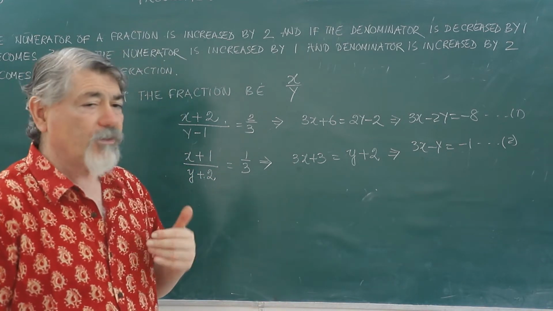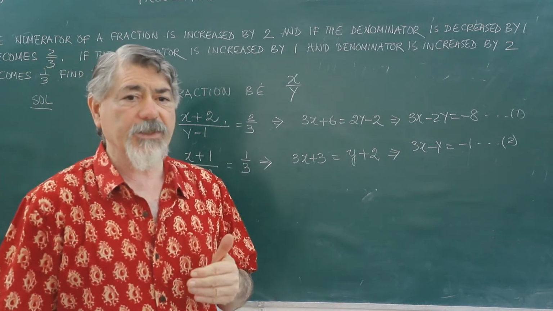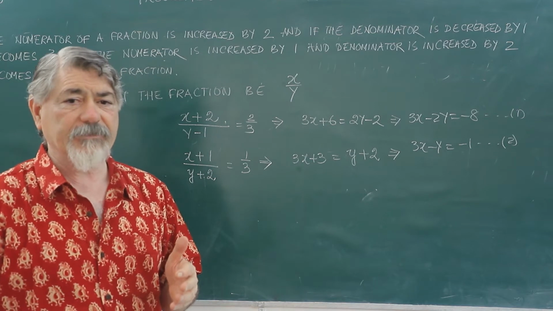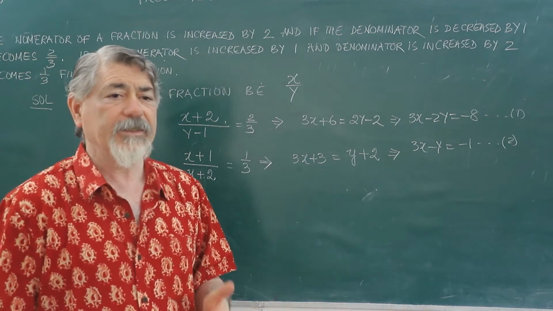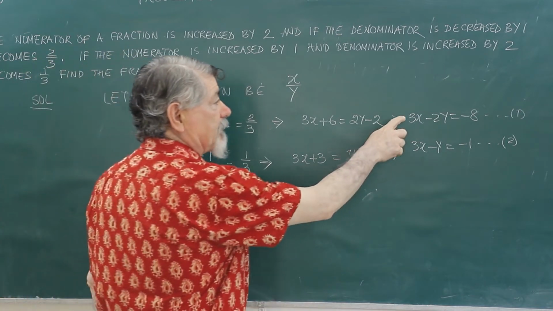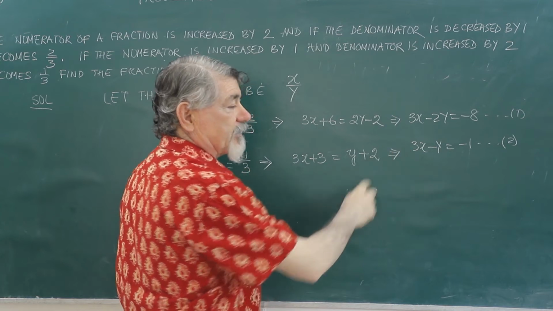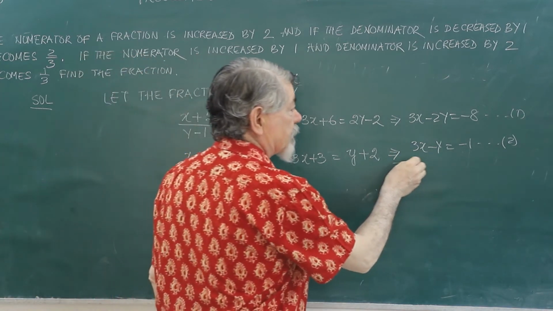Here I have already the x coefficient equal. Also here signs are same, plus 3x plus 3x. So if the signs are same, what we do is we simply subtract.